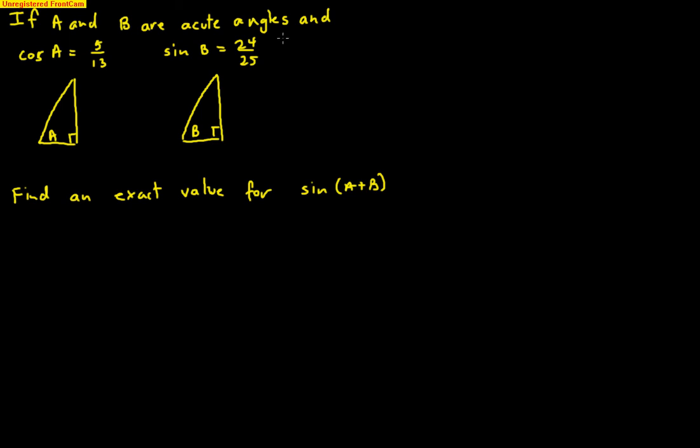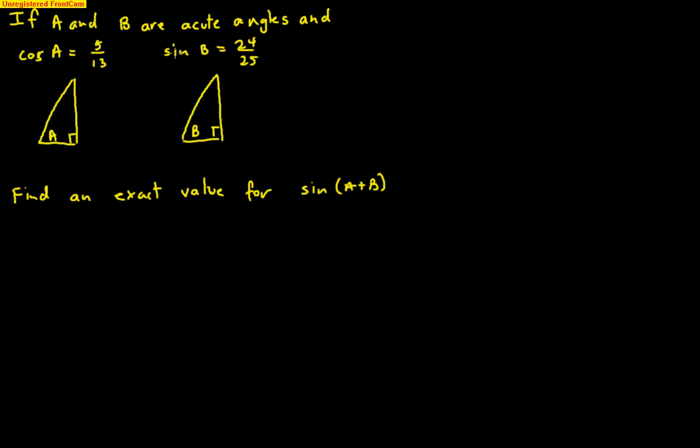Alright, if A and B are acute angles and cos A is equal to 5 on 13 and sine B is 24 on 25, we need to try and find an exact value for sine of A plus B. Now, to begin with, let's think about cos A is equal to 5 on 13 and the fact that we have acute angles.